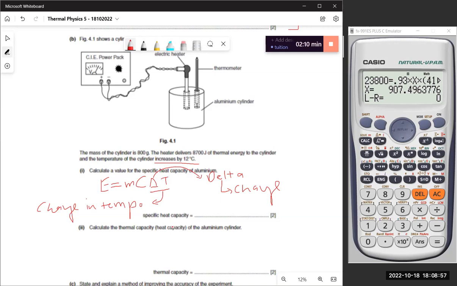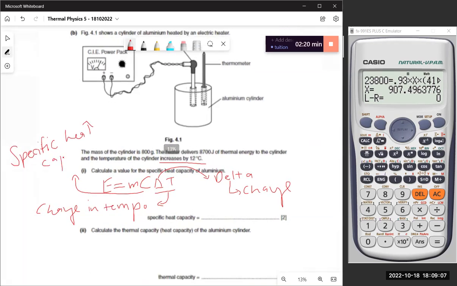Sir, and C? C means specific heat capacity. Any questions? M is the mass and E is the energy supplied.